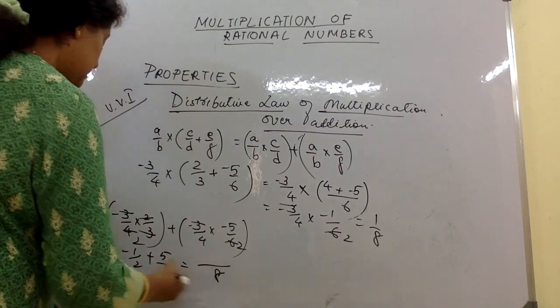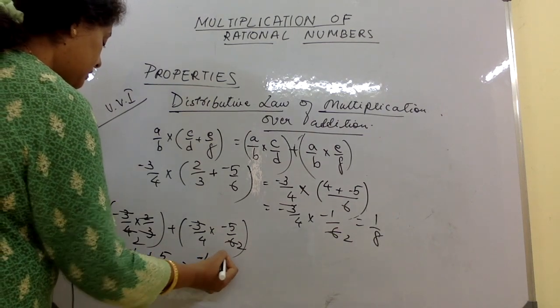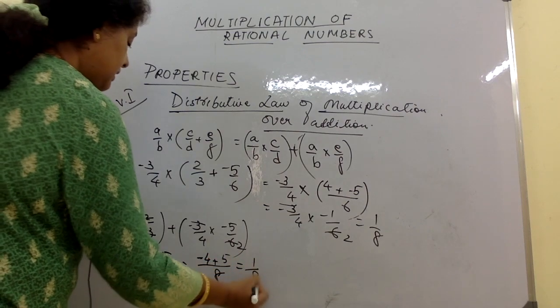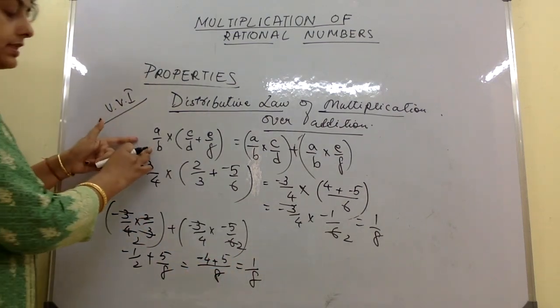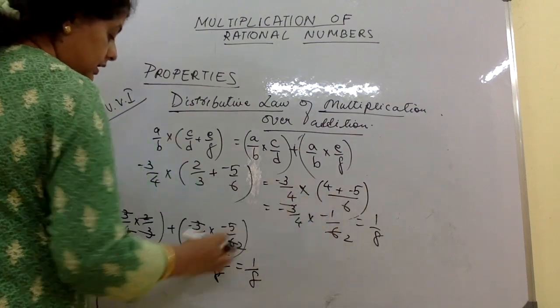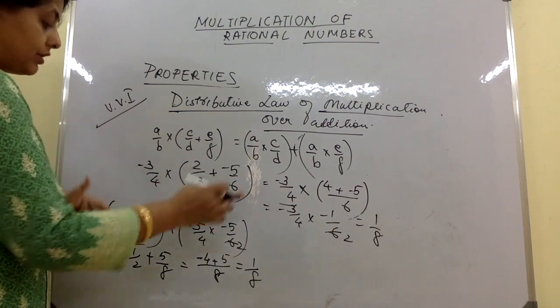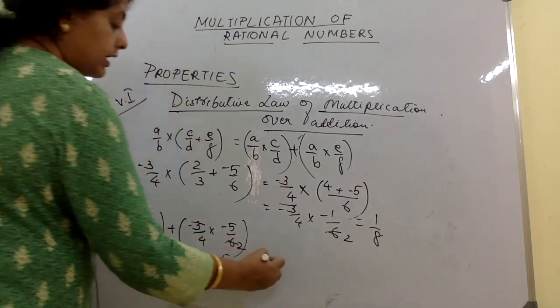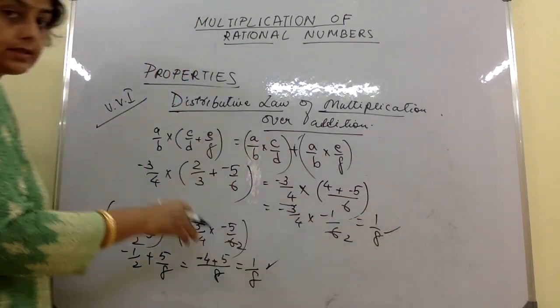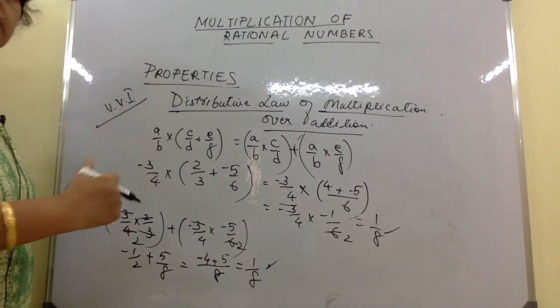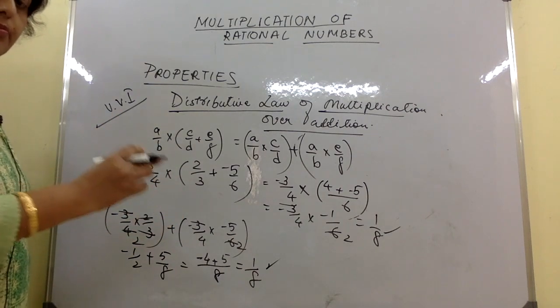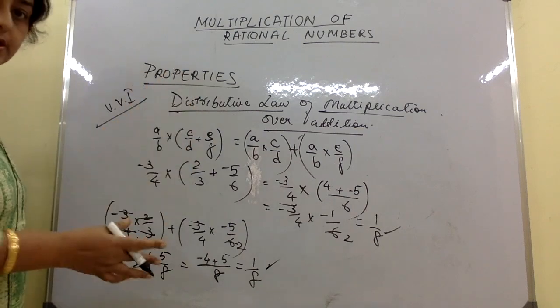This is 8 here, minus 4 plus 5, which is 1 by 8 again. So from this side also I got 1 by 8. From the other side, where I have taken this part and multiplied with both separately, there also I have got 1 by 8. Hence, distributive property or law is followed for multiplication over addition.